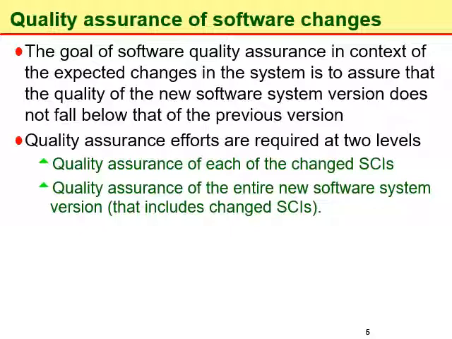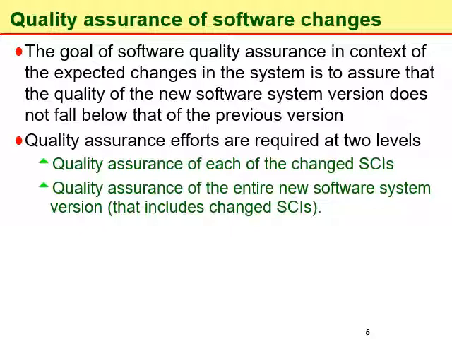The goal of software quality assurance here, that is in change control, is to assure that the quality of the new software system version, that is after incorporating the changes, does not fall below that of the previous version of the software.